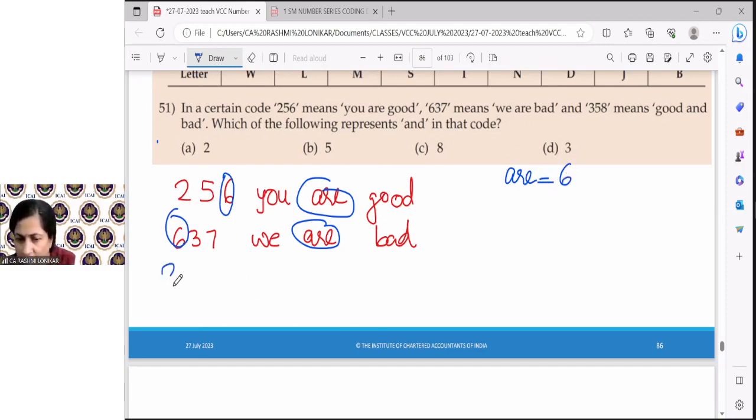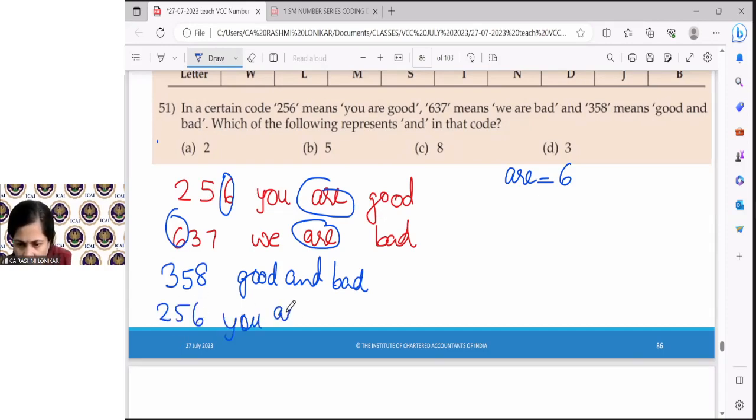Then 358 means good and bad. Where is the sentence good? Here. 256, you are good. Okay. I will write the pairs of sentences. From this, what did I get? I got the value of R. What am I going to get over here?